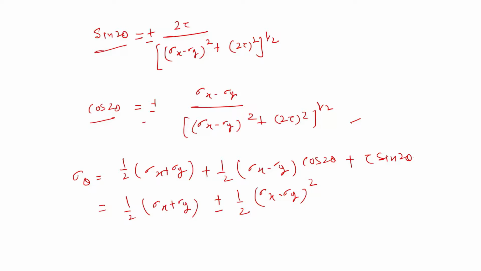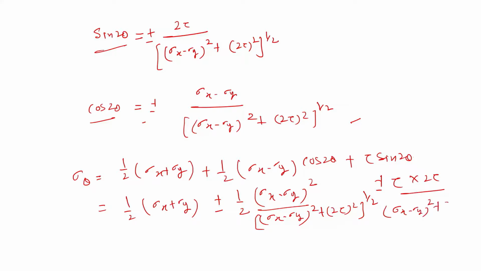Sigma x minus sigma y was already there, so this becomes sigma x minus sigma y whole square over the square root of sigma x minus sigma y whole square plus 2 tau whole square, and this becomes plus minus tau multiplied by 2 tau over the square root of sigma x minus sigma y whole square plus 2 tau whole square.